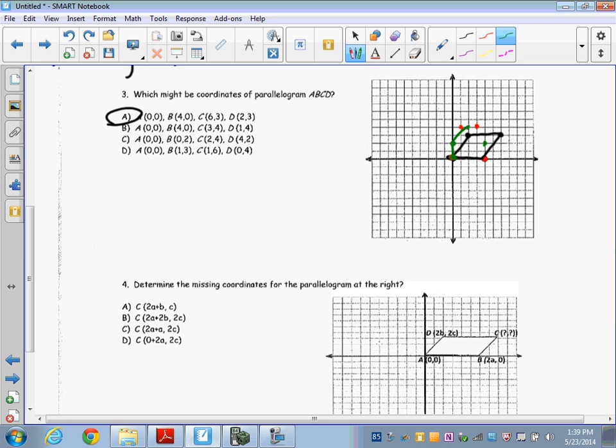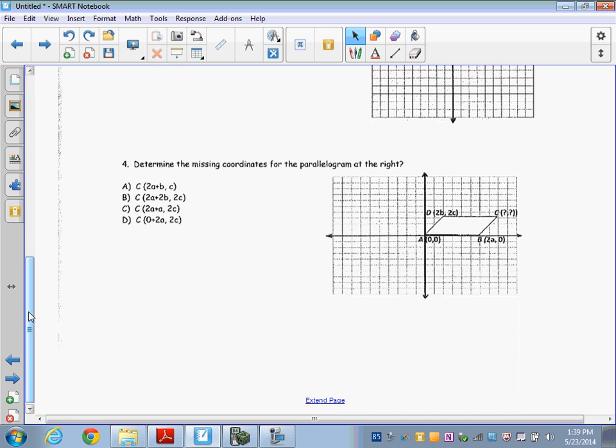This shape, I don't believe has any special properties. That's just a quadrilateral. And the last one I have, with blue, this one here would be a trapezoid. Only one pair of parallel sides, not two pairs. So A is the correct answer.